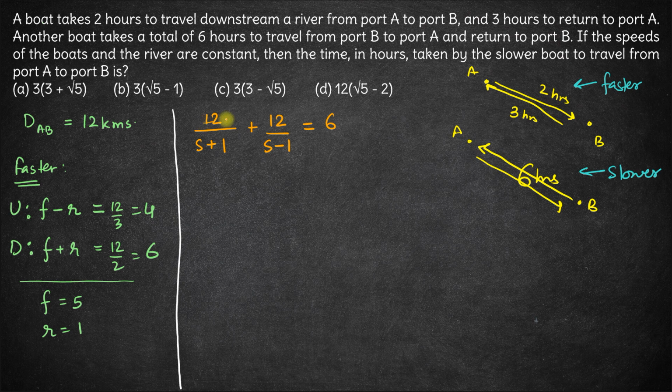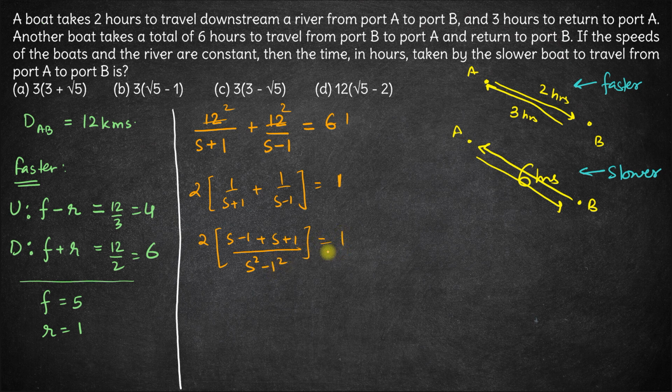Okay. So 12 gets cancelled out with 6. We have 1 remaining and 2 remaining over here. Taking 2 out common, we have 1 upon s plus 1 plus 1 upon s minus 1 is equal to 1 over here. Okay. So you have twice of s, taking LCM of these two, s minus 1 plus s plus 1 upon s plus 1 into s minus 1, which is s square minus 1 square, which is 1.